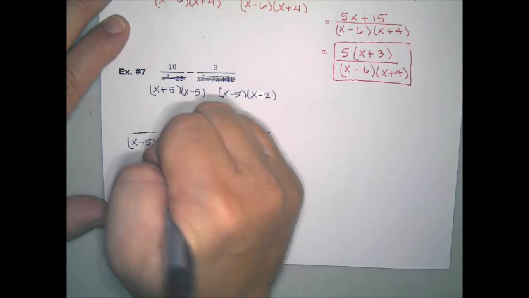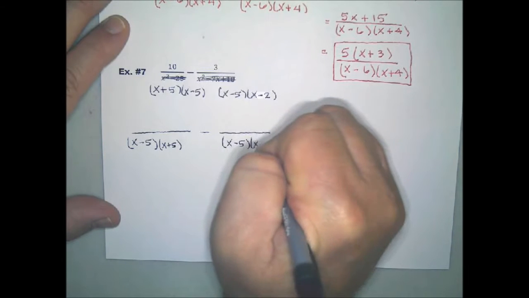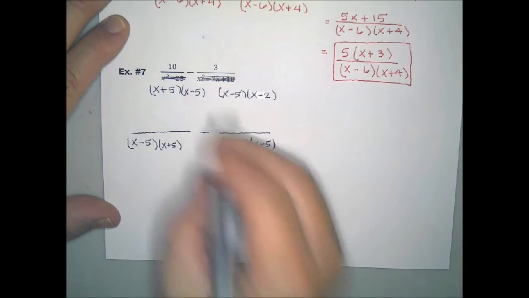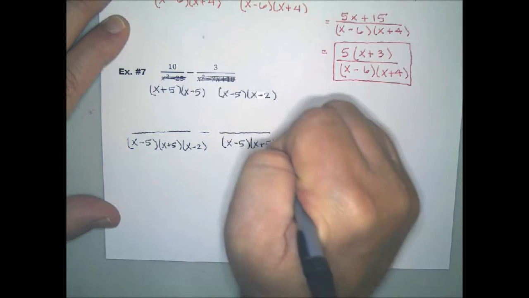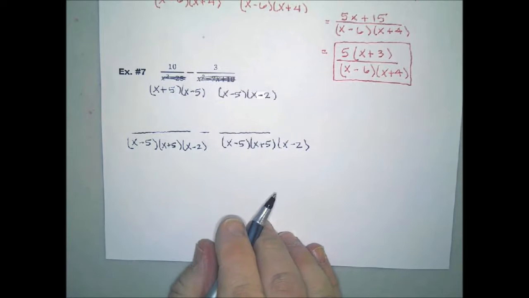So they both need the x plus 5. And this one has the x minus 2 that this one doesn't. So they both need the x minus 2. So there's the common denominator in its factored form.